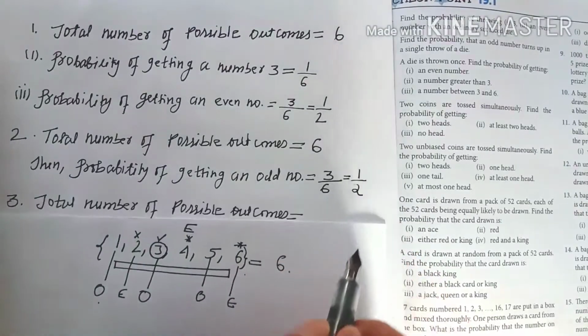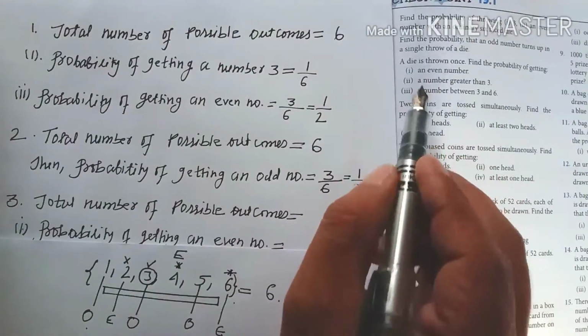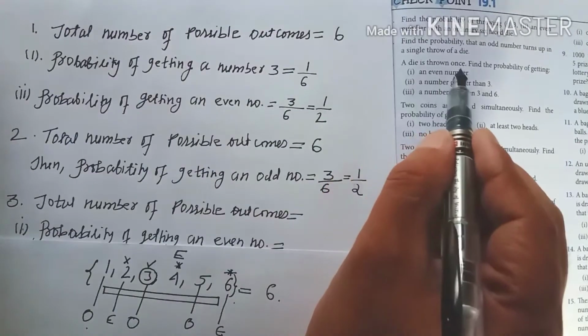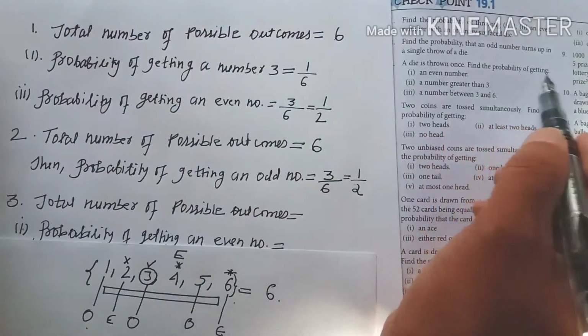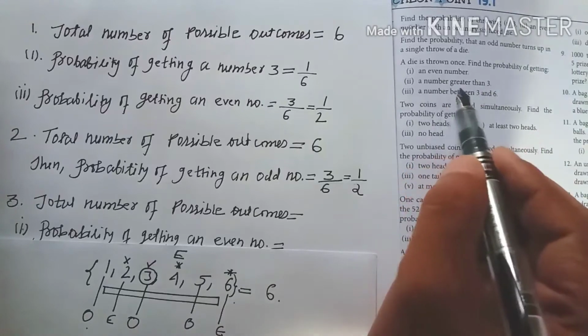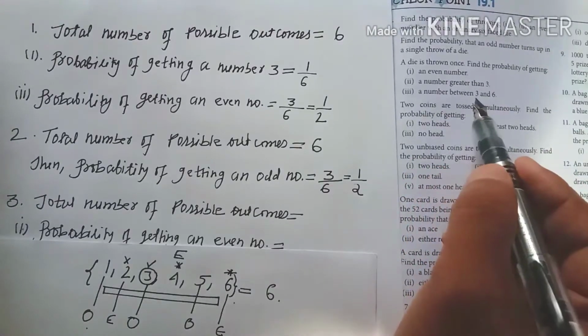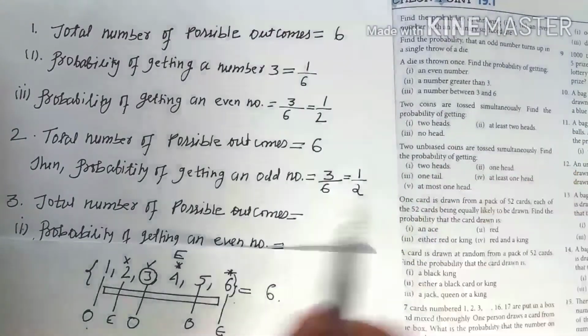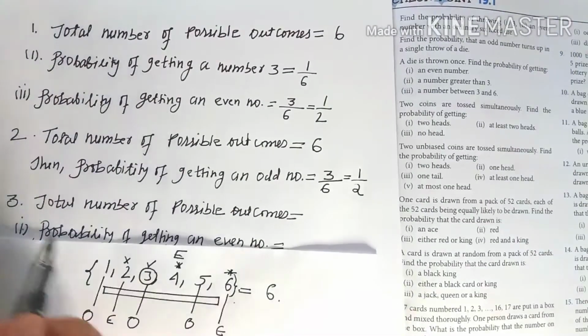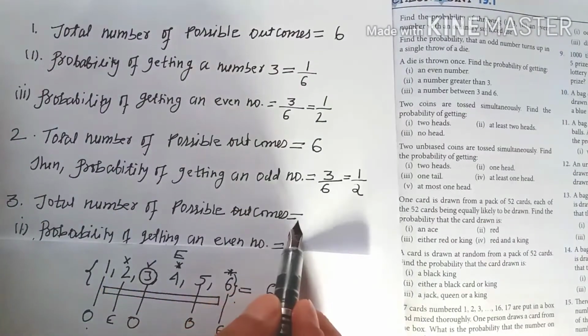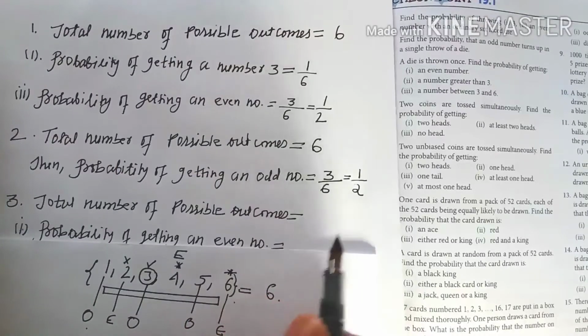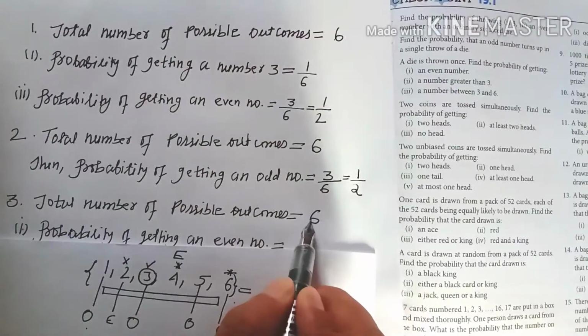Now the third one, a dice is thrown once, find the probability of getting an even number, a number greater than 3, a number between 3 and 6. Again the sample space, total number of possible outcomes when a dice is thrown once, is 6.